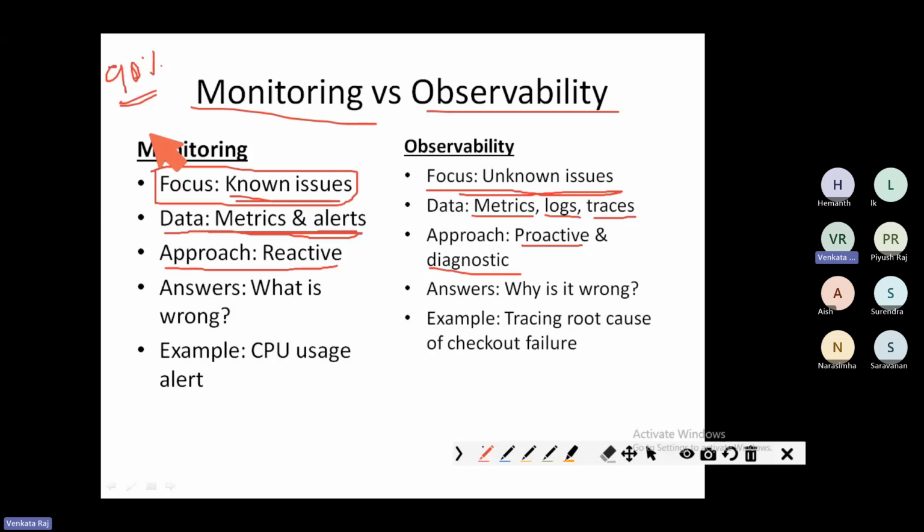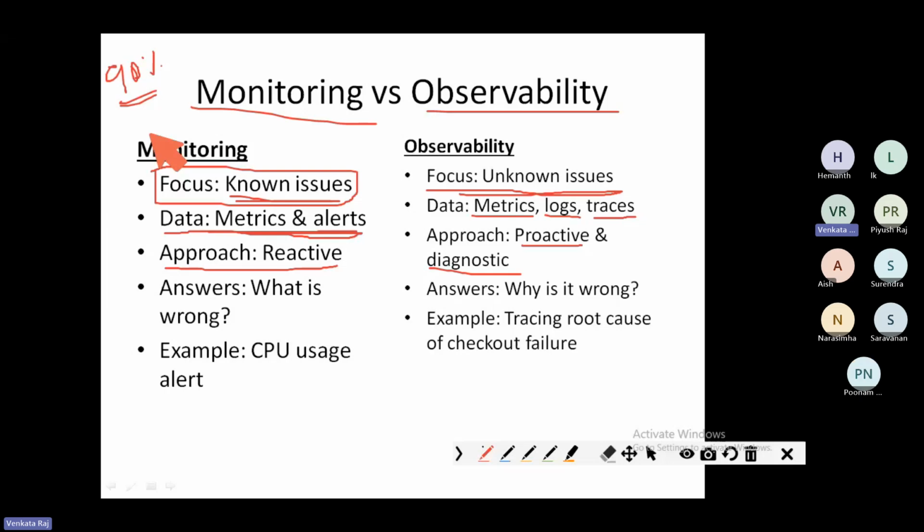But had you done the investigation by looking into that alert, you could have prevented other issues which could occur because of that, right?